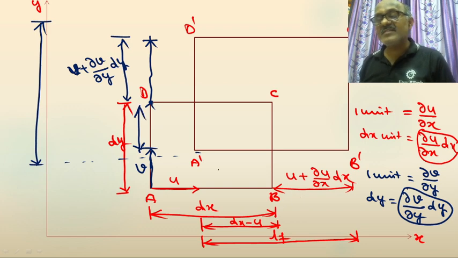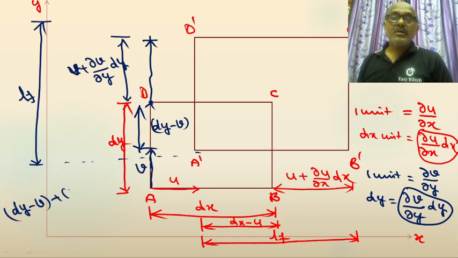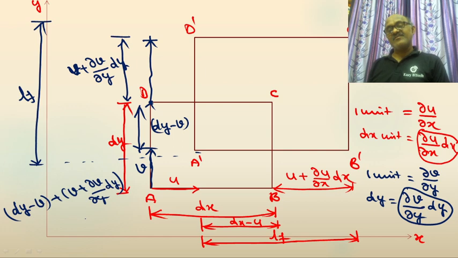In a similar fashion, the total length is dy. You subtract v from that, that is dy minus v. Now the final length of the line element A dash D dash is equal to dy minus v plus dou v by dou y into dy. Excellent, my dear students.